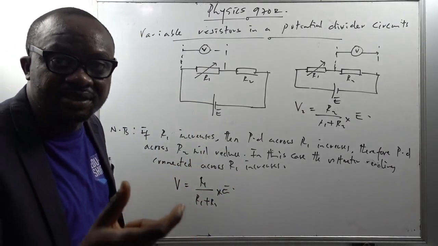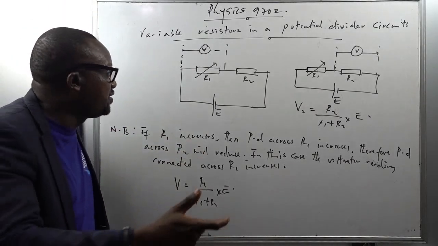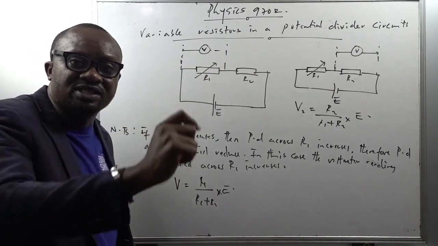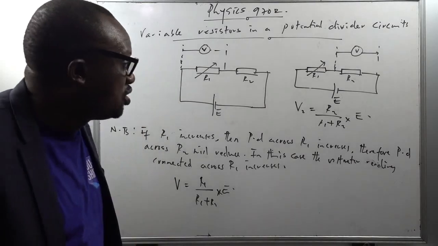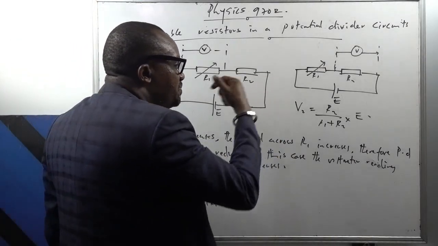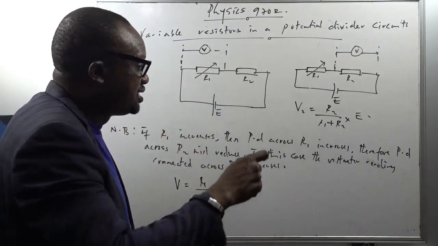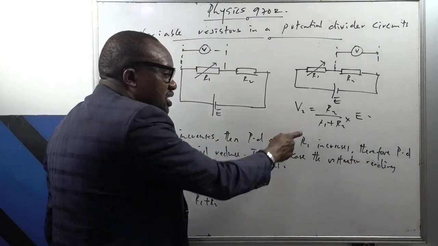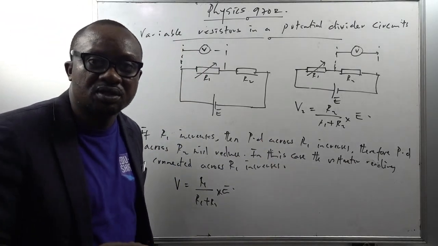If you are looking at the voltmeter reading across the variable resistor, the voltmeter reading will be directly proportional to the resistance of the variable resistor. But if the voltmeter is not connected across the variable resistor, then the voltmeter reading will be inversely proportional to the resistance of the variable resistor.